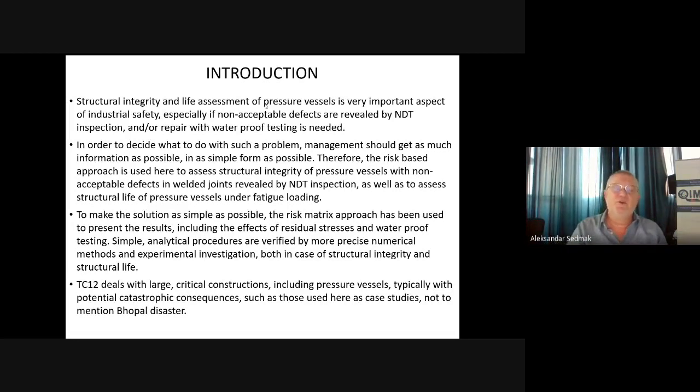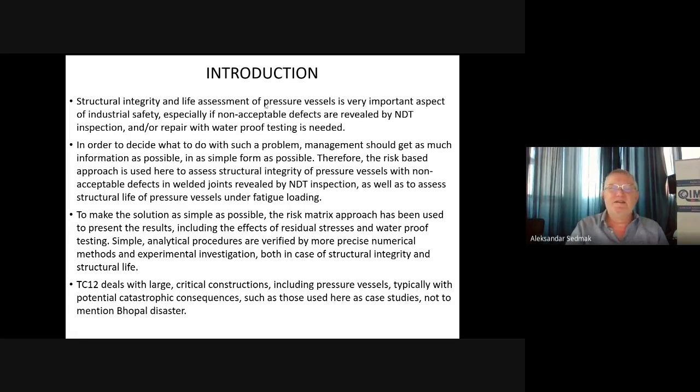But the whole story today is about the approach that is relatively simple. We can call it an engineering approach that can allow management to make a reliable decision.